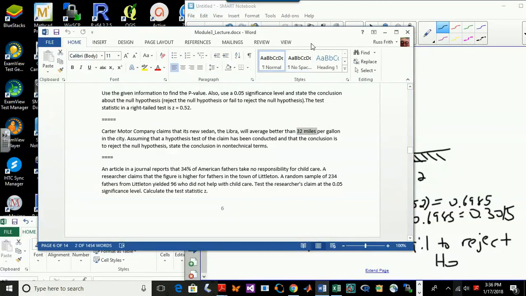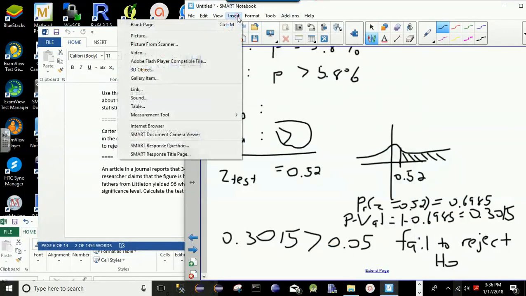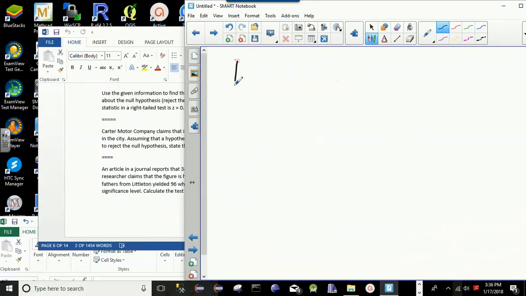So the base is 32 miles per gallon. The base is always the null hypothesis, so the mean is equal to 32 mpg. And the claim is that it's bigger. So this is a right-tailed test.